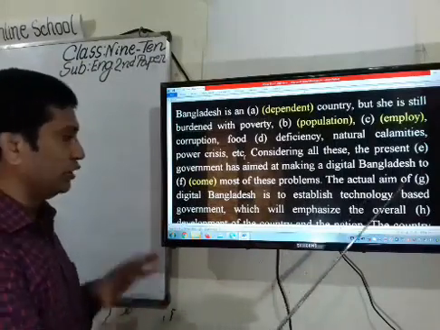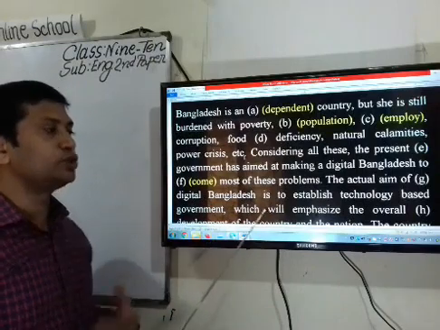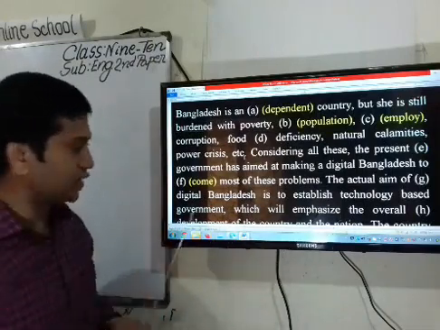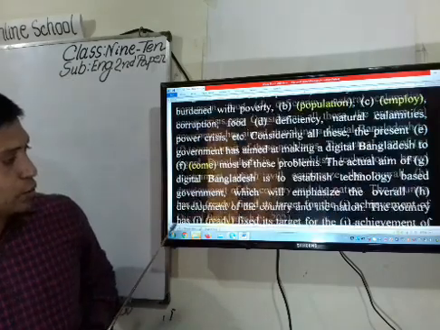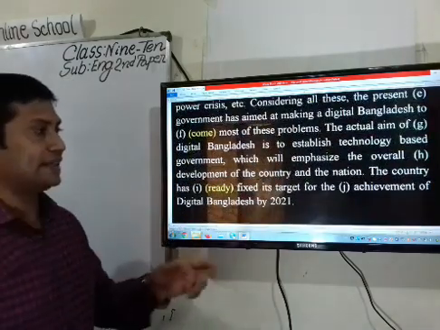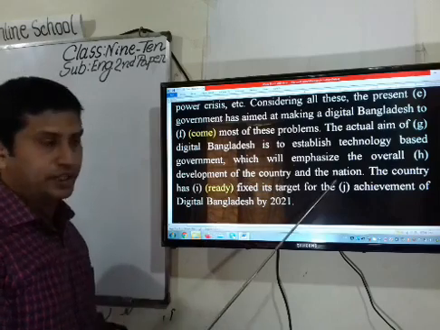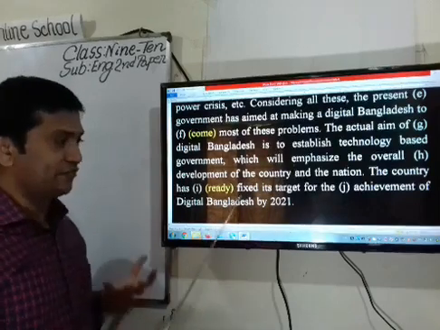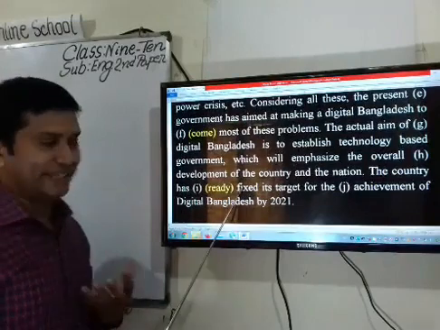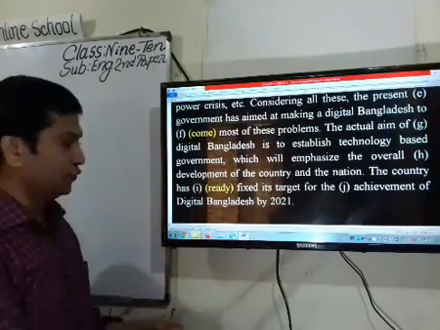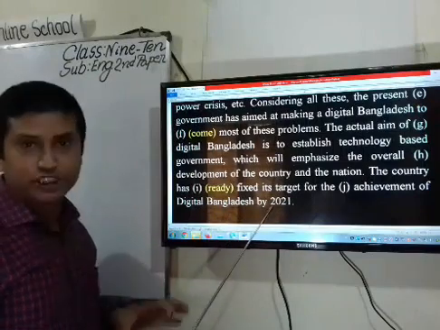The actual aim of Digital Bangladesh is to establish a technology-based government which will emphasize the overall development of the country and the nation. The country has fixed its target for the achievement of Digital Bangladesh 2021.